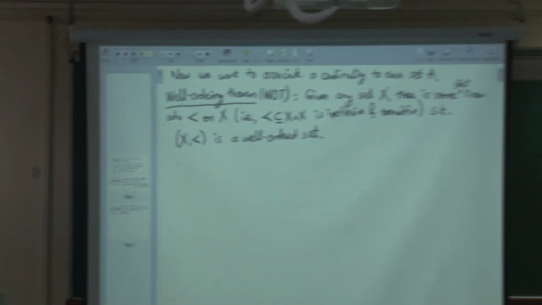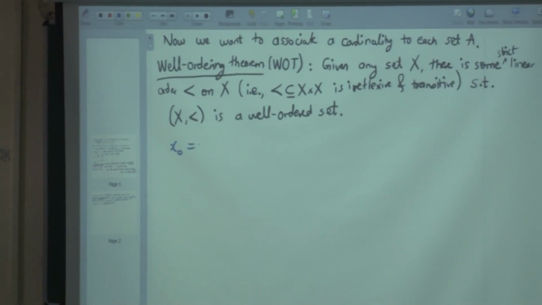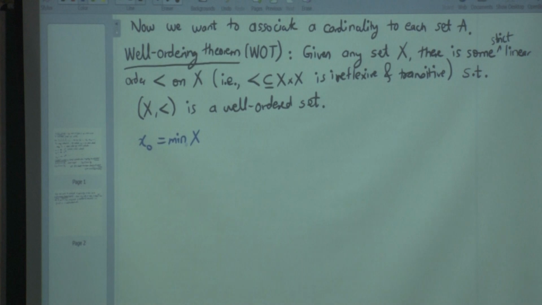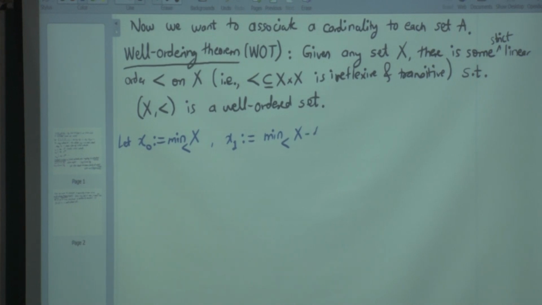So if I can do that, then what can I do? Well, x0 is the minimum of X, with respect to the less than ordering. So let this x0 be the minimum of X. Then x1 be the minimum of X minus x0.